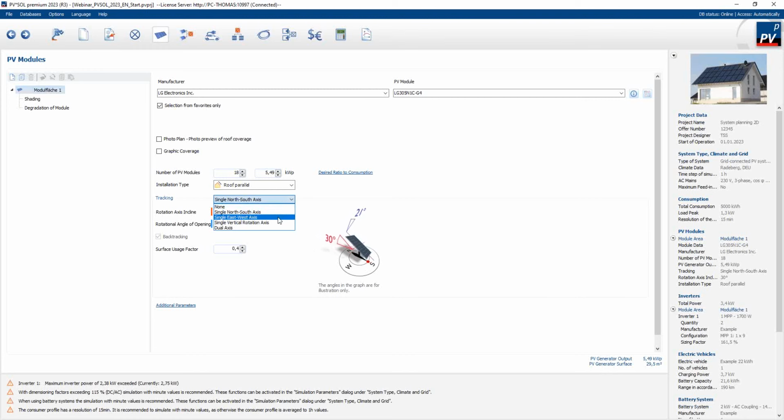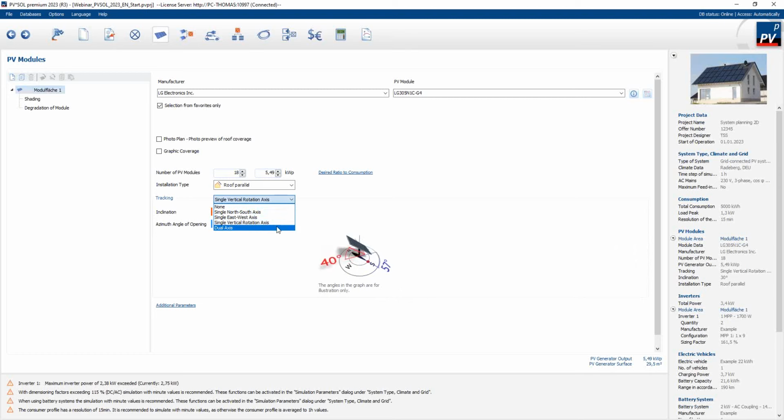The second option is the other way around. The orientation of our rotating axis is from the east to the west, and the module rotates from the south to the north. The third option is that we have a fixed vertical rotating axis and a fixed inclination, in this case for example 30 degree, and we will follow the azimuth angle of the sun.